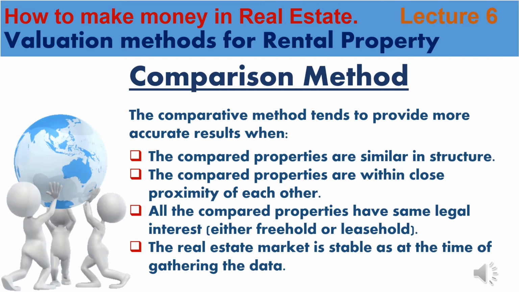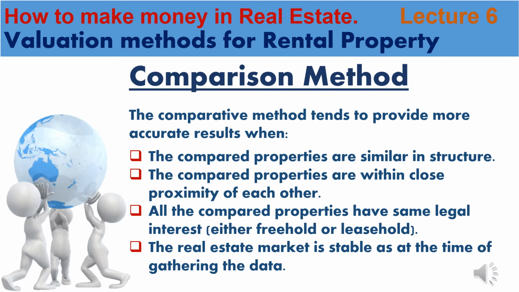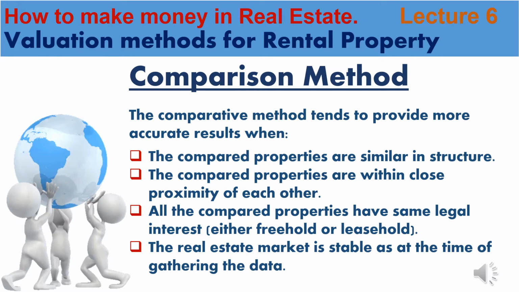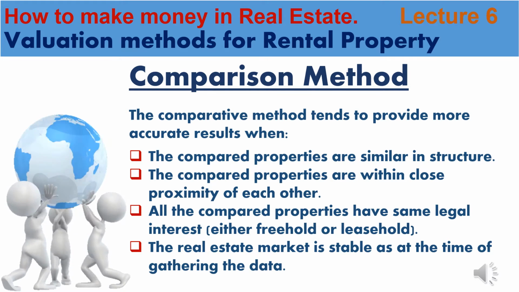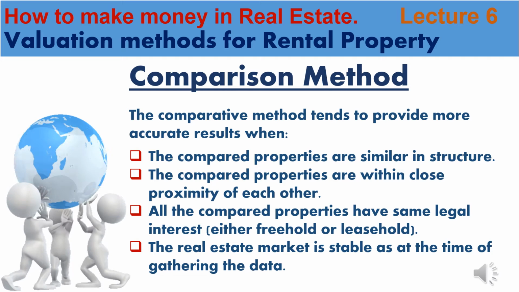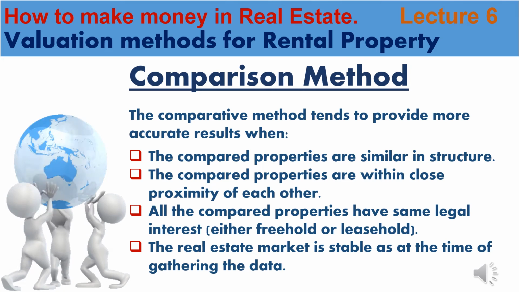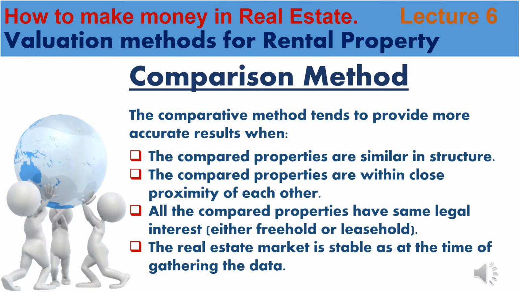The comparative method tends to provide more accurate results when the compared properties are similar in structure. The compared properties are within close proximity of each other. Location is vital in terms of residential value. The property's position in the country and factors such as aspect, outlook and the immediate environment are important.